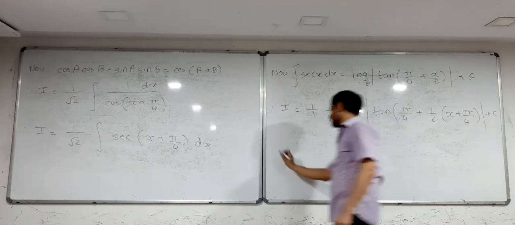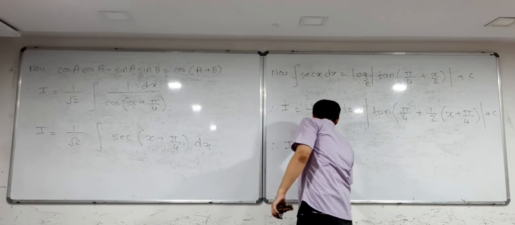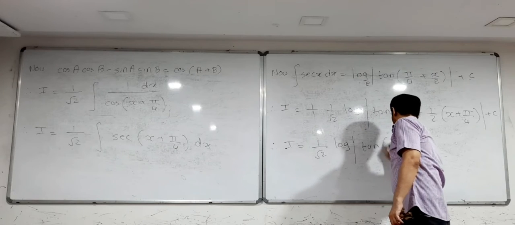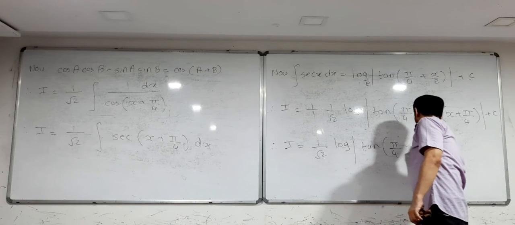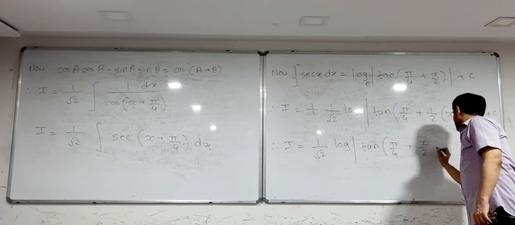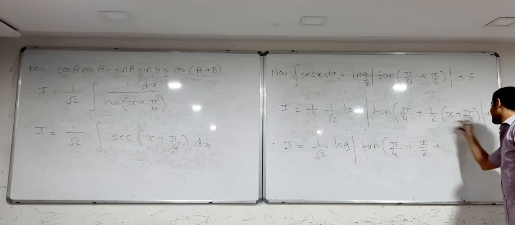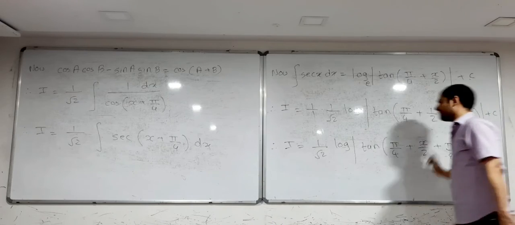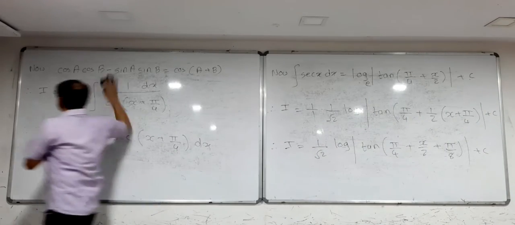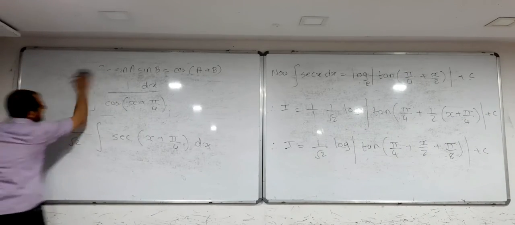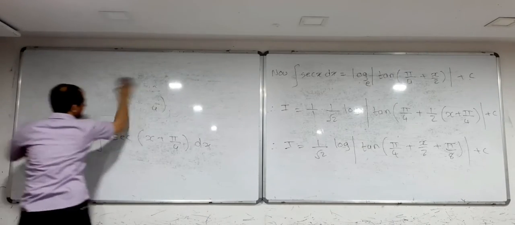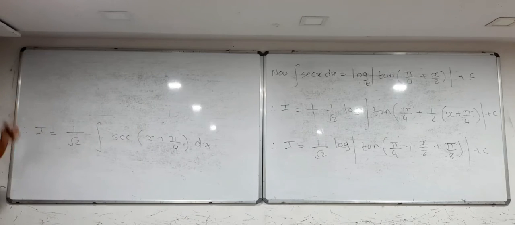So I becomes 1 by root 2 into log of mod of tan of pi by 4 plus x by 2 plus half into pi by 4 is pi by 8, plus c. So add pi by 4 plus pi by 8, which will be 3 pi by 8 if I am not wrong. Yes, 3 pi by 8, so that must be the answer.